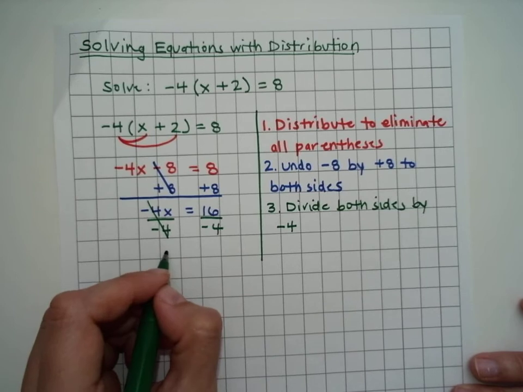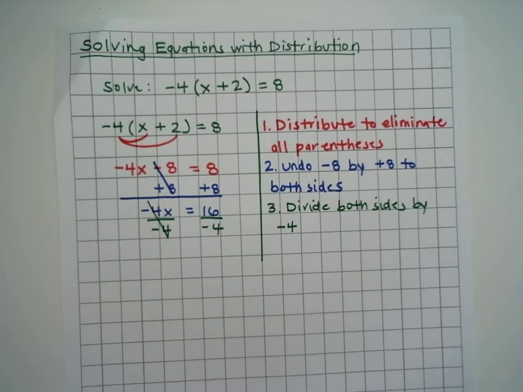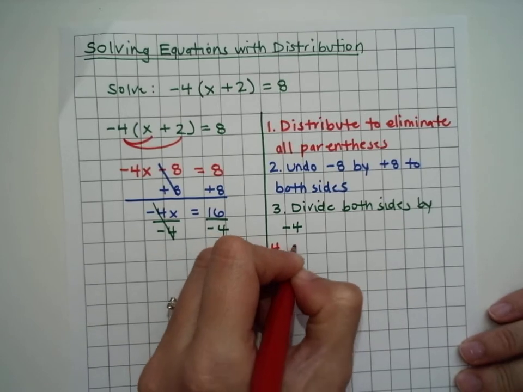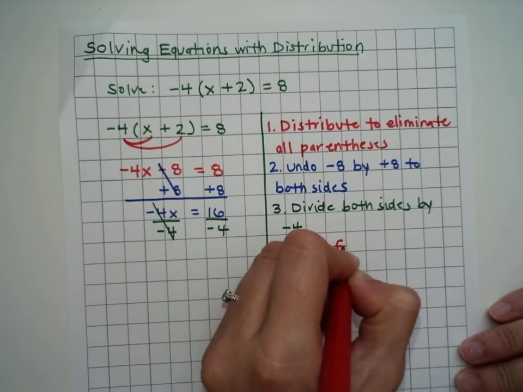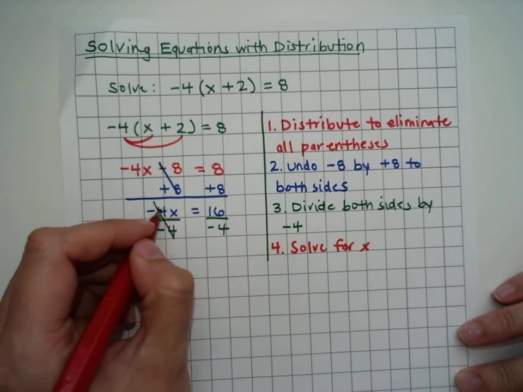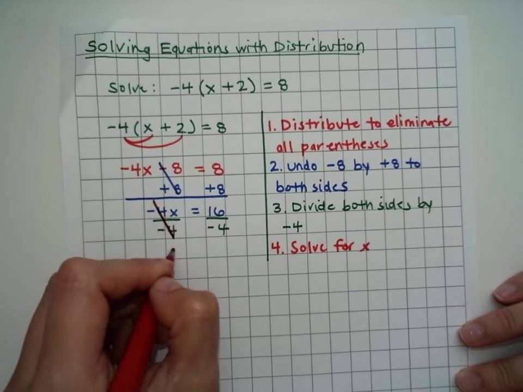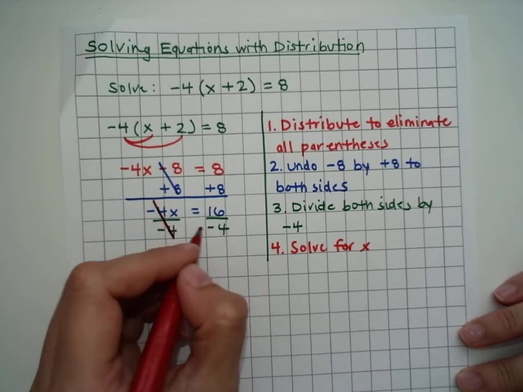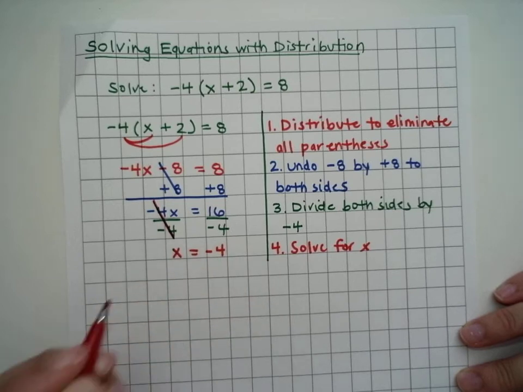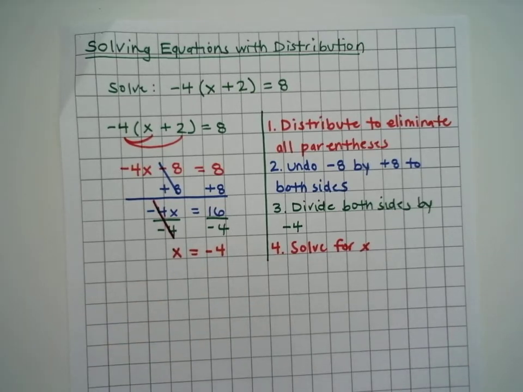That leaves us with x. Oh, and that's our last step, sorry. I'm going to write our last step, which is to solve for x. So those cancel out, leaving us with x equals 16 divided by -4, which is -4.